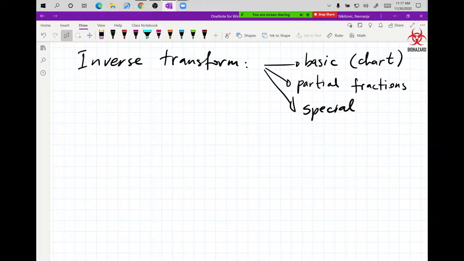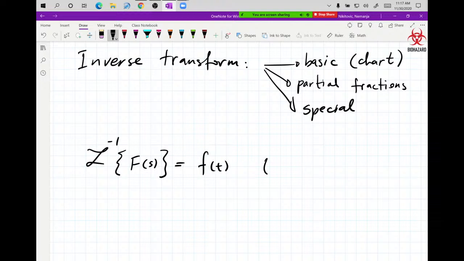Now, basic ones, looking at the chart, literally means you just take the inverse Laplace of, let's say, f of s, and you get your f of t because it is in the chart. The table, right? That's on the cover of your textbook.